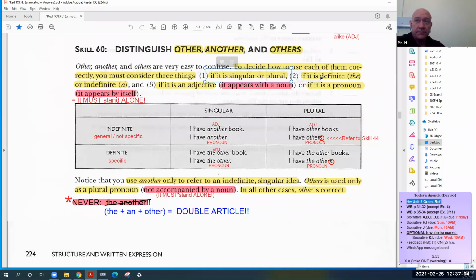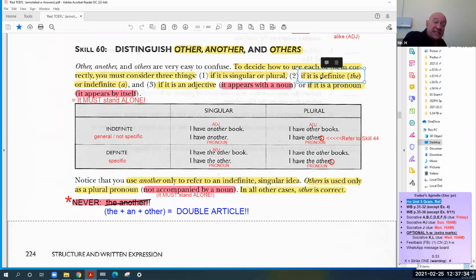Ayad, what's next? If it is definite or indefinite. Stop. Okay. If it is definite means what, gentlemen? Do you know the meaning of definite? If it's definite, something is specific. Do you understand? A specific thing.